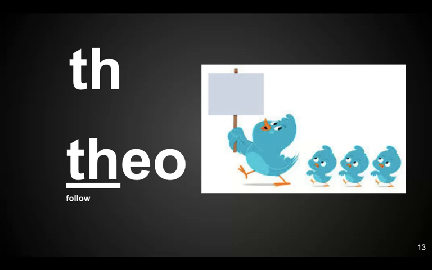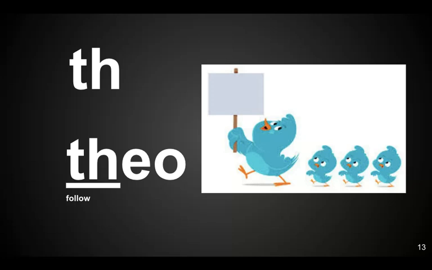The soft T sound is the TH. In English, the TH tends to be the hard T sound, like the word thing or think. But in English, we change things all the time, right?